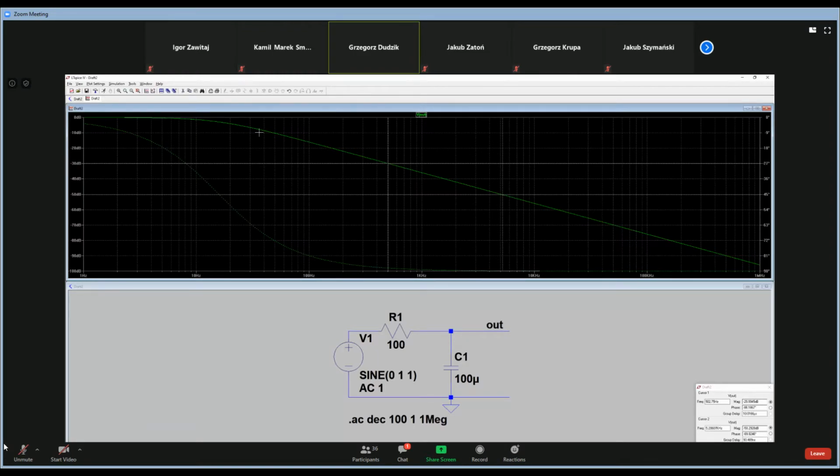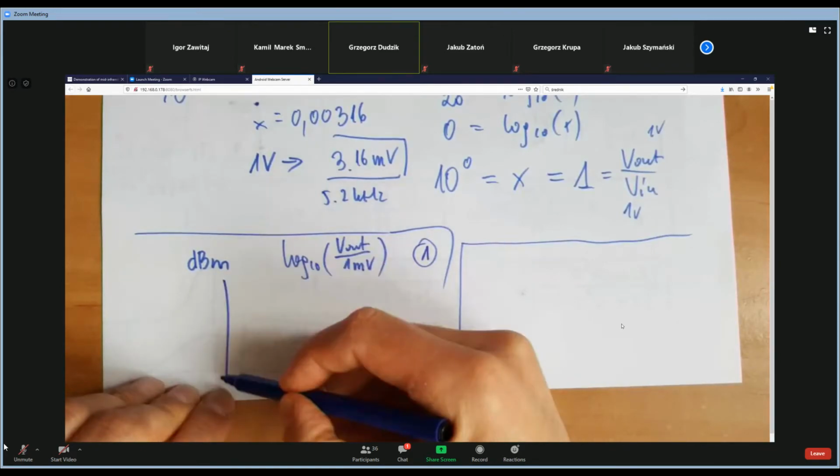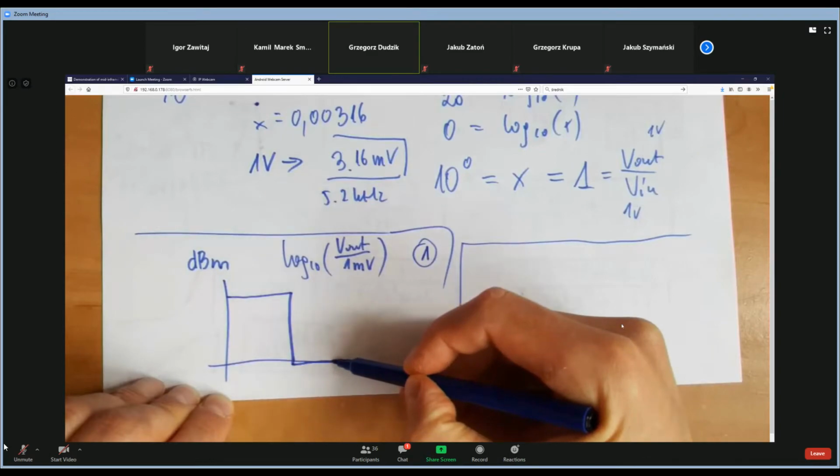The best low pass filter that can be imagined will have an amplitude characteristic that looks like that.